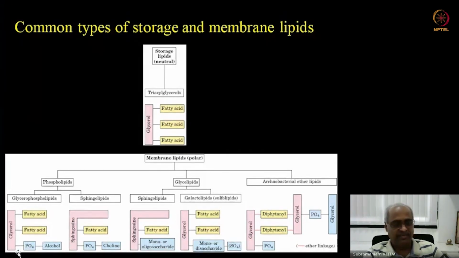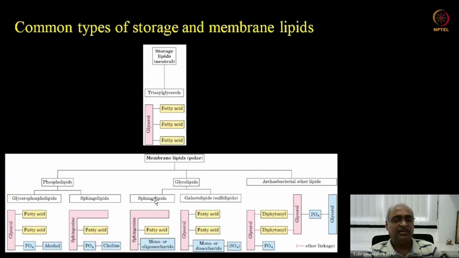And when you have them, they become the galactolipids. And usually, remember, we have learned that carbohydrates, monosaccharides, can have acid groups like carboxyl group and sulfate group attached. And usually they are sulfated mono and disaccharides, and that's galactolipid.